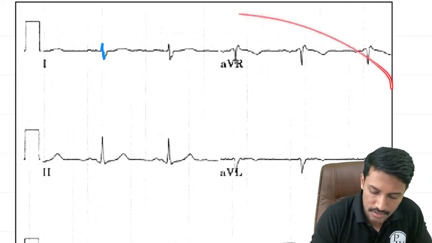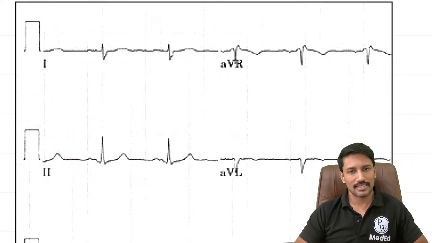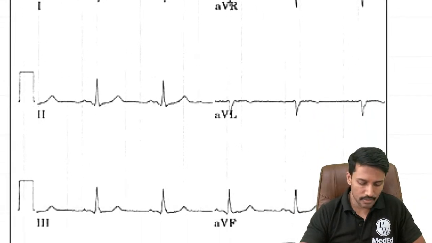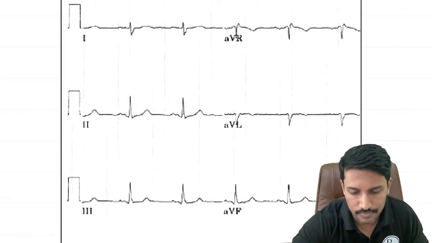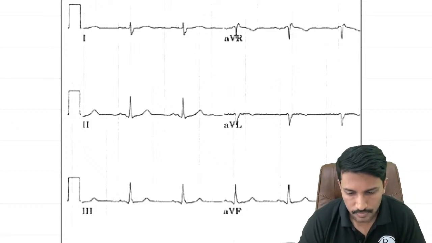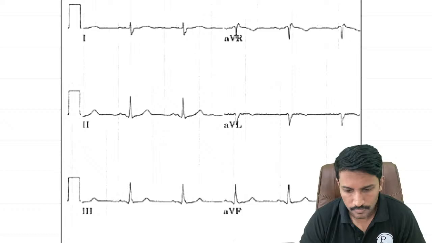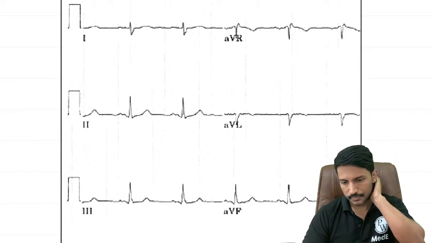So in this ECG, which lead shows R and S almost equal? Is it lead 1? Is it AVR? Is it lead 2? Or is it AVL, lead 3 or AVF? Which one is showing R as equivalent? I'll come to that.